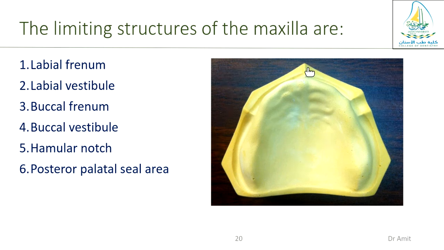So we have the labial frenum, labial vestibule, buccal frenum, buccal vestibule, hamular notch, and the posterior palatal seal area. Our denture should be extended till here, and it should not extend beyond these structures. That's why these are known as limiting structures.